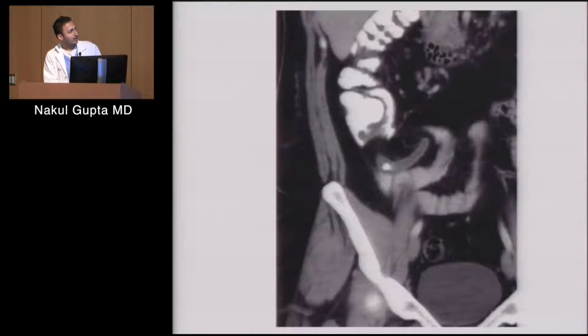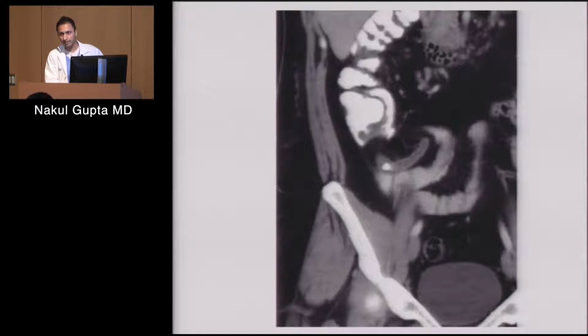Just a quick note, you can sometimes see appendicoliths in asymptomatic patients. Just because you see an appendicolith doesn't mean the patient will therefore have appendicitis. As long as the appendix itself looks normal, the appendicolith may just be incidental. But in this case, acute appendicitis.